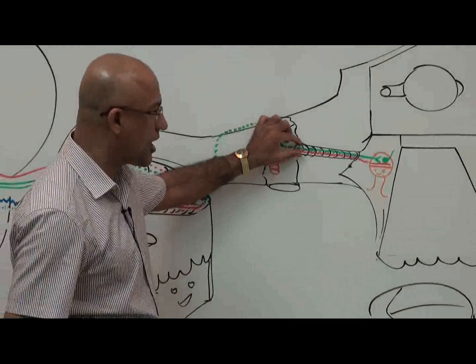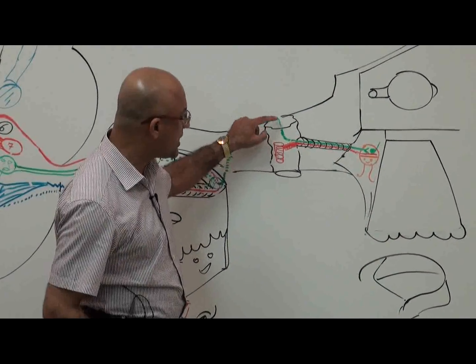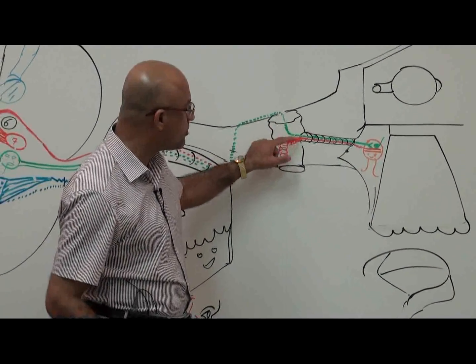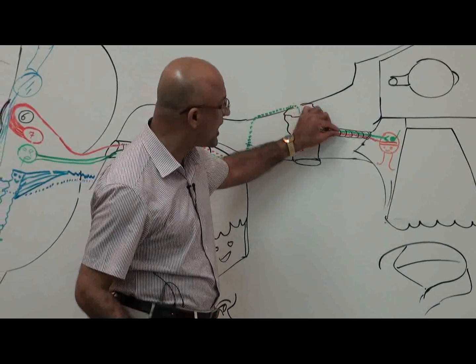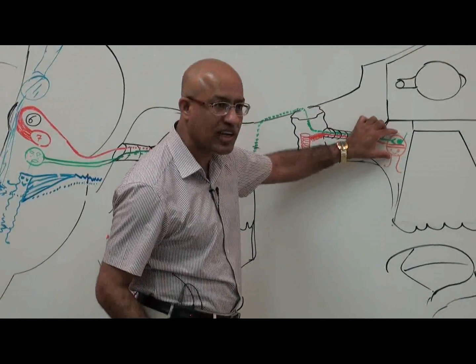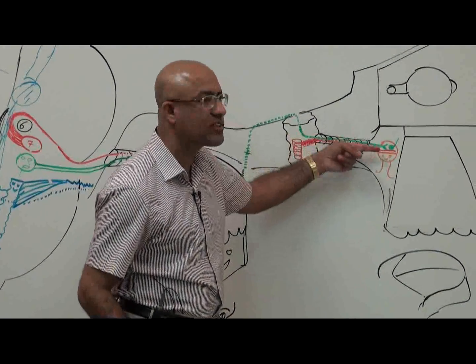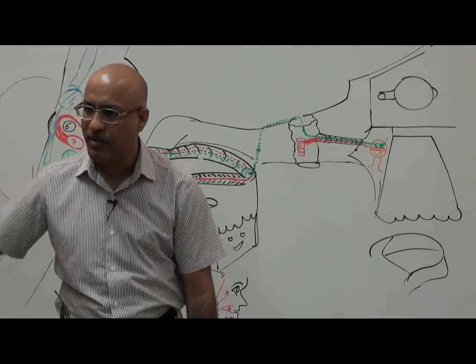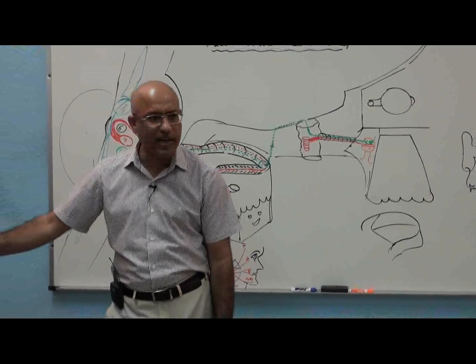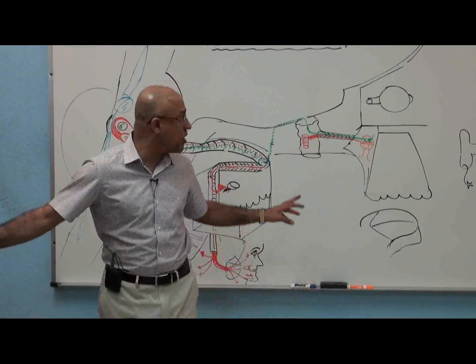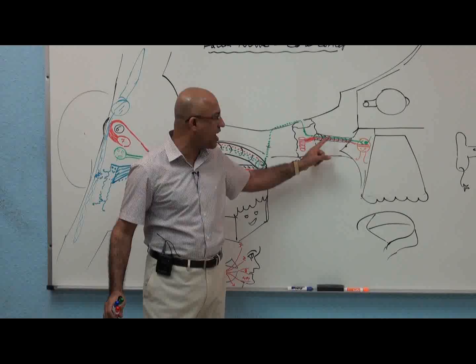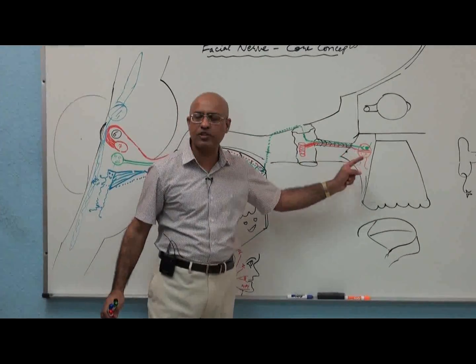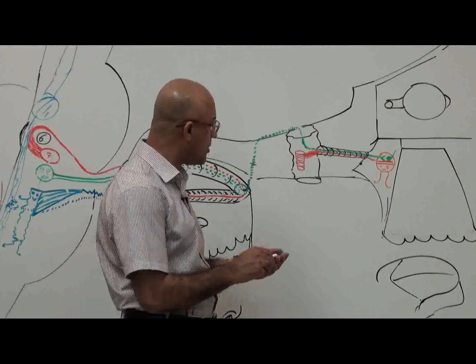And this nerve, now made by the greater petrosal nerve and deep petrosal nerve, both of them together move and reach the ganglion. This combined nerve is called the nerve to the pterygoid canal. What is it called? Nerve to the pterygoid canal. Another name for this nerve from here up to here is the Vidian nerve. What is this?